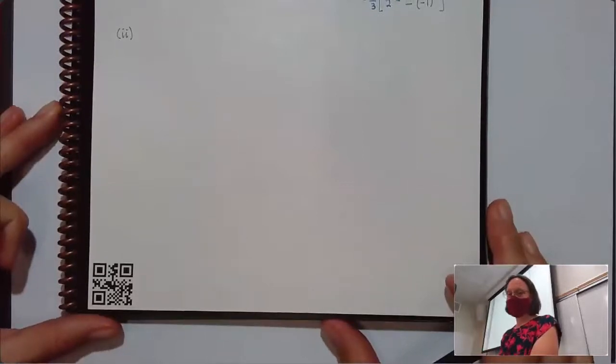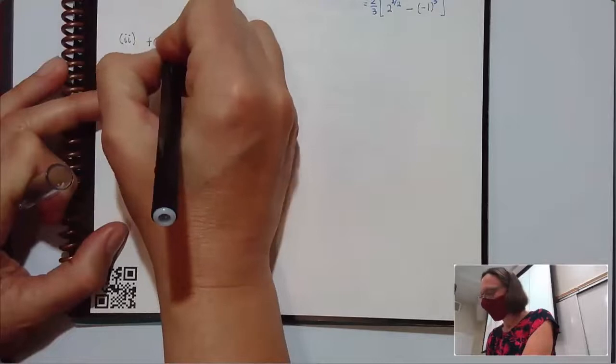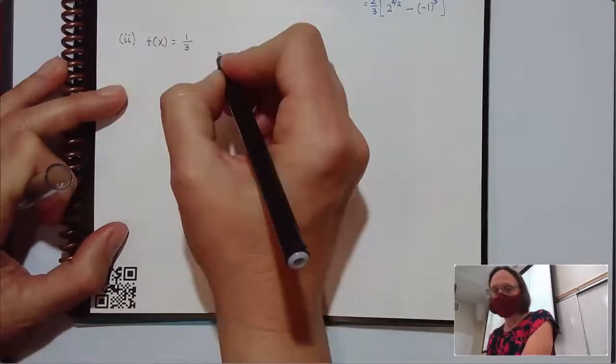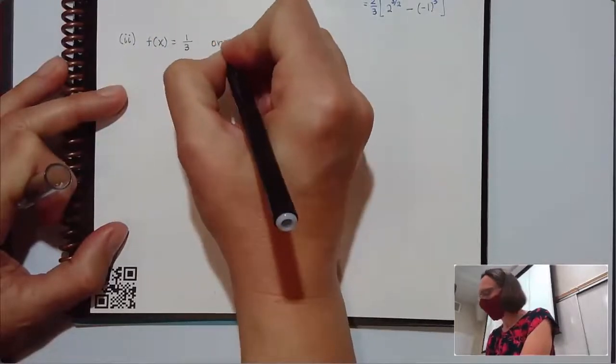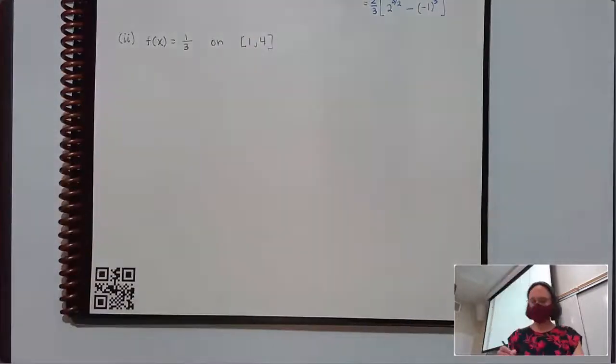So the next potential distribution we've been given is f of x equal to 1/3 on 1 to 4. And I'm going to go with we've got options for how to deal with this.